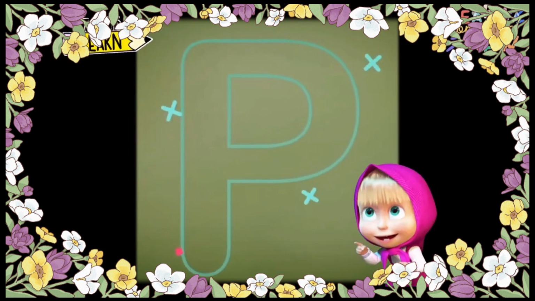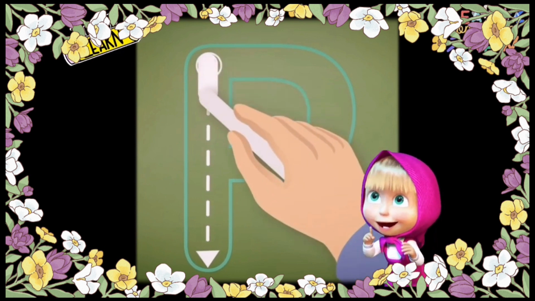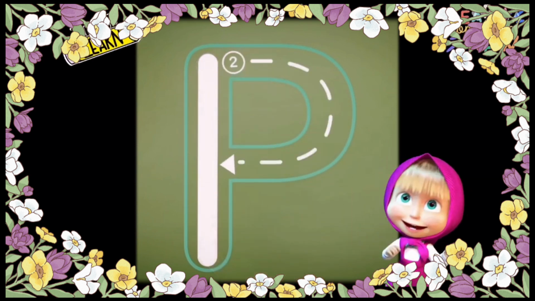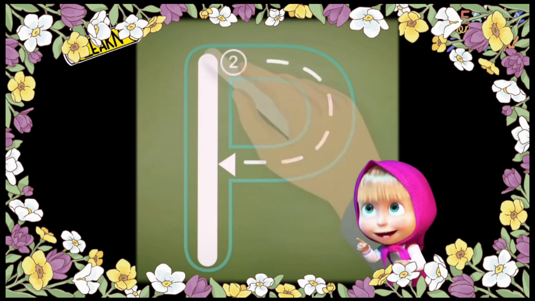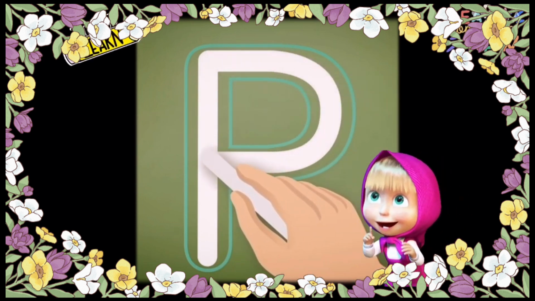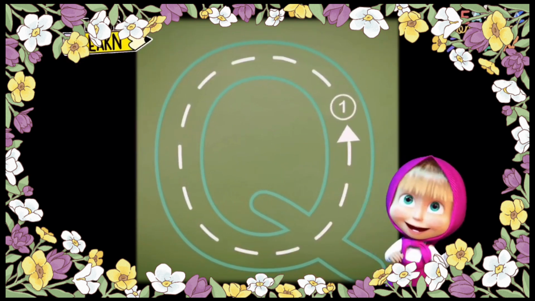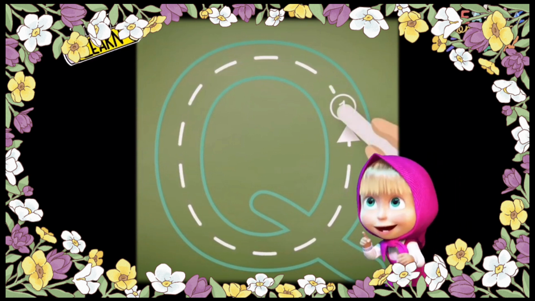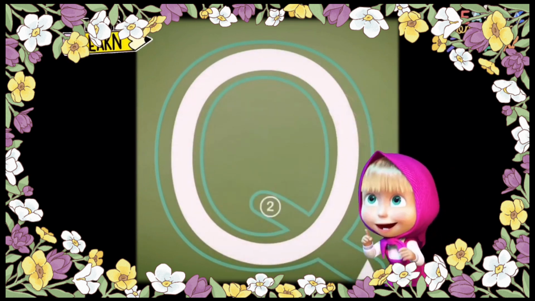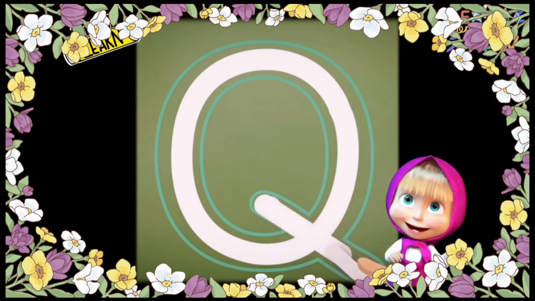O, letter P. Pull down. Go to the top and around in. Letter Q. Pull back and around. And slant down.